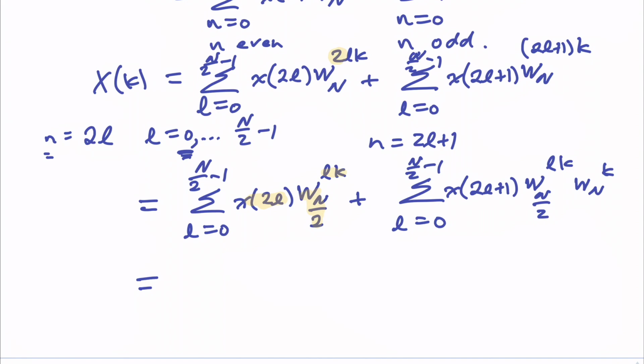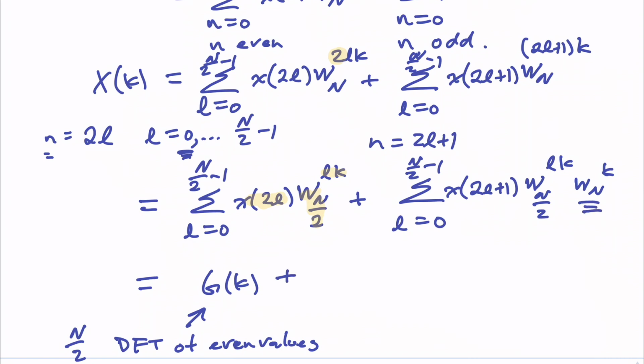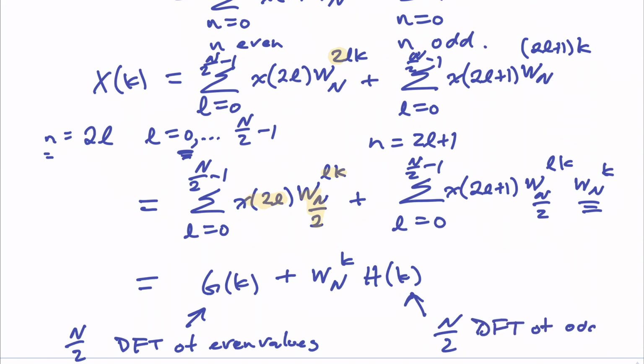So I put on my pattern recognizer and I call that G of k, which is the N over 2 point DFT of the even values. Okay? And from there, I have this factor out here in the front, W_N to the k, H of k, and this H of k would be the N over 2 point DFT of the odd values.